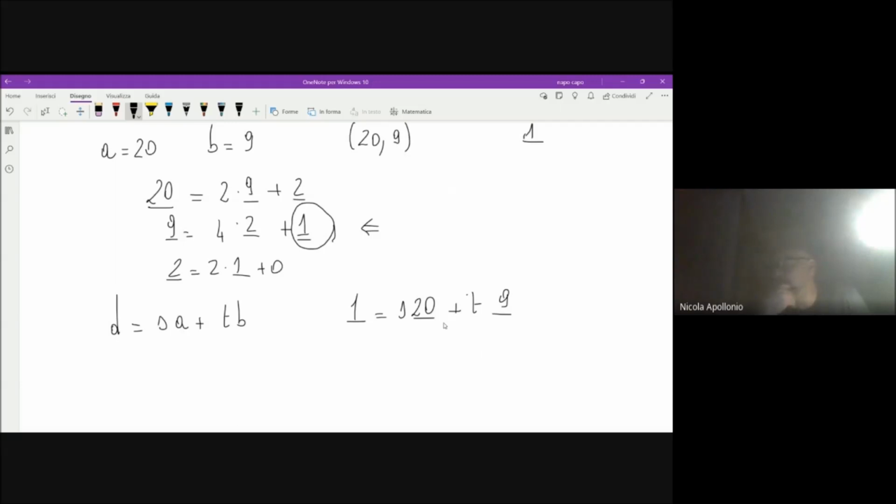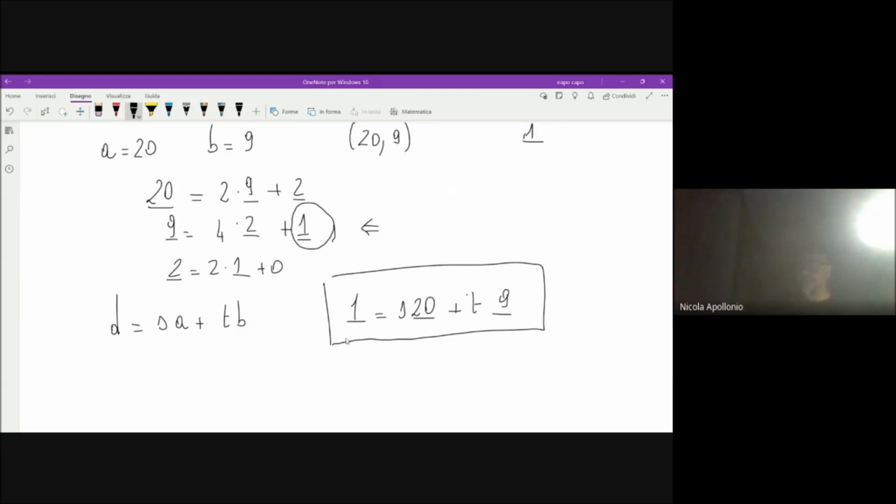Why? It's because this is the way we compute the arithmetic inverse in the residual class ring. We will see in a while. So this is a very, very important procedure.